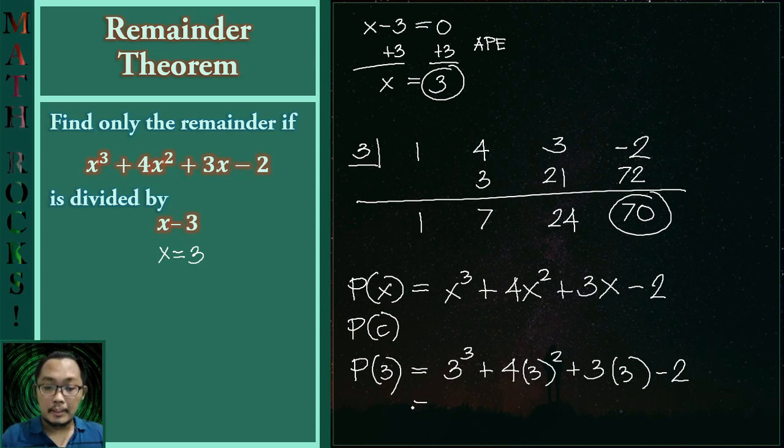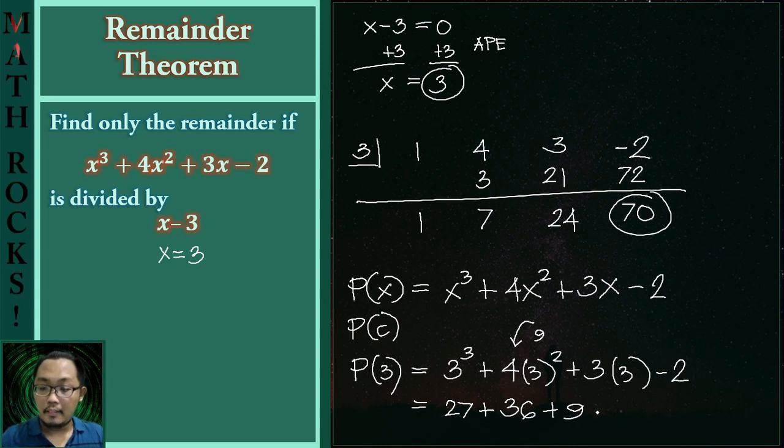Let us simplify this expression. First we have 3 cubed, which is equal to 27, plus 3 squared, which is 9, and multiplying such 9 with 4, we have 36. And 3 times 3 is 9, and we have a minus 2.